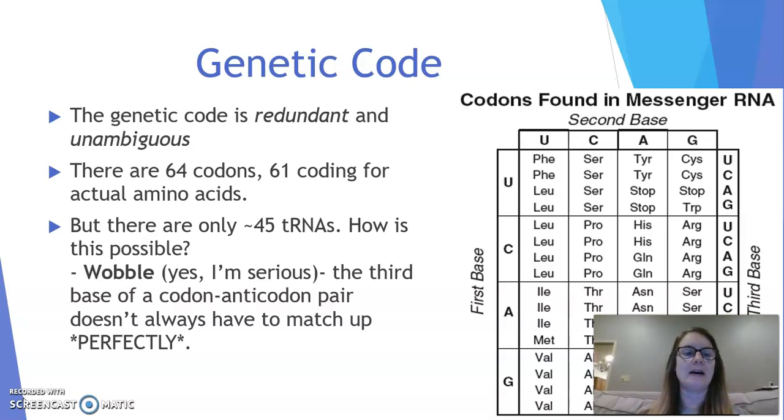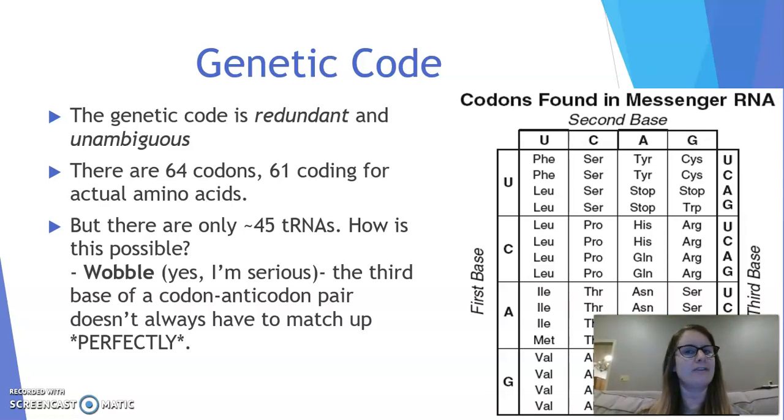So the other bullet on this slide says that there are only 45 tRNAs. So remember, the tRNA is the RNA that's going to bring the amino acid to the ribosome because the tRNA has that anticodon that pairs up with the codon on the mRNA.